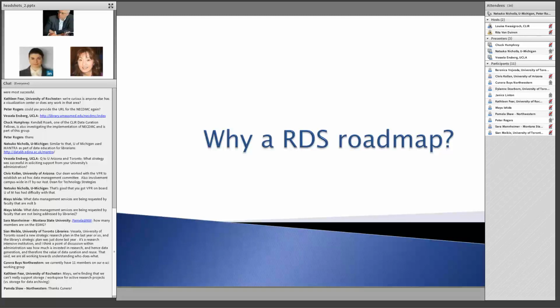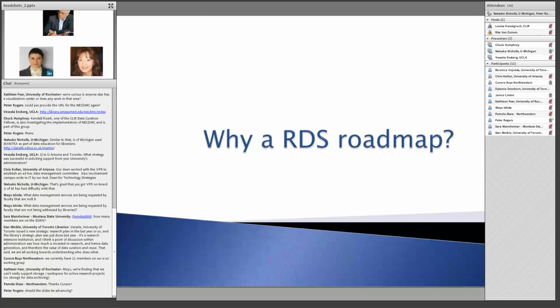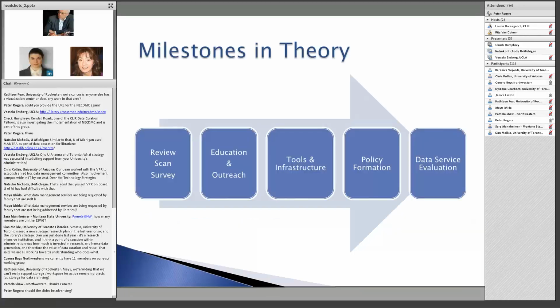The planning we measured as conducting some kind of assessment, and the implementation of services specifically designed to support the management of data around the research lifecycle, including data preservation and dissemination, which was measured by the first launch of an institutional repository and whether they have already launched a data repository.